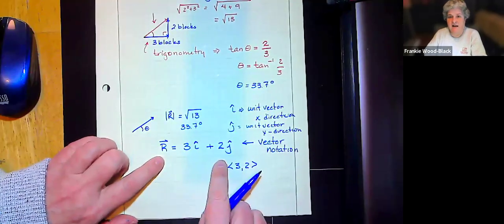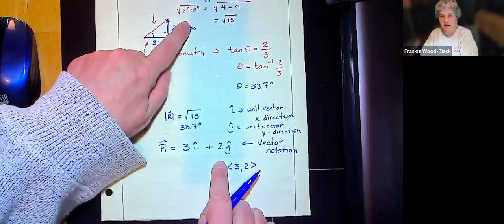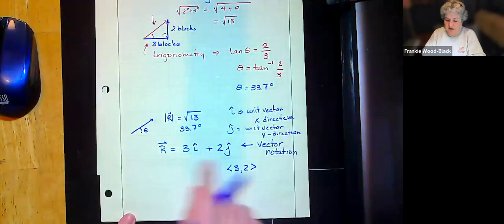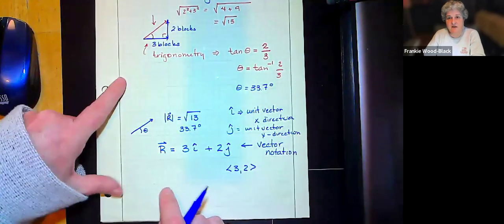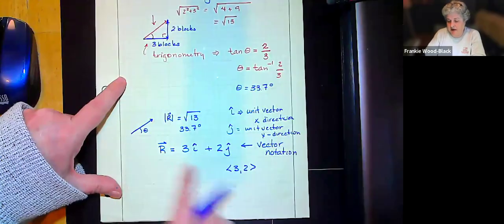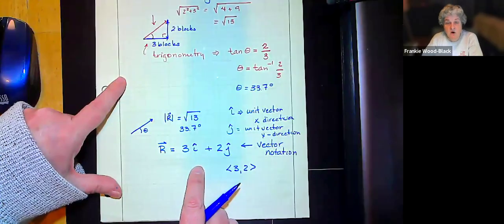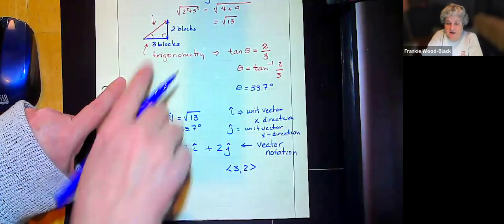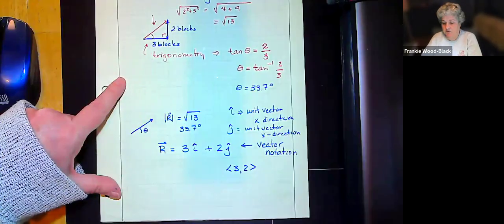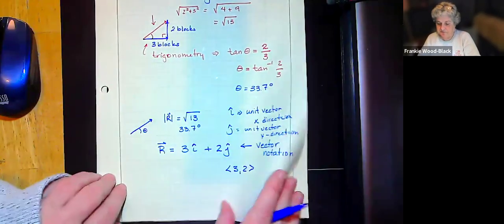And I'm going to add it here, and then I can go and do my magnitude and everything else. So we can take vectors and break them into their components, or we can take their components and draw them up, going back and forth.